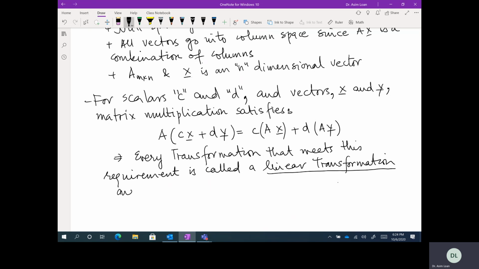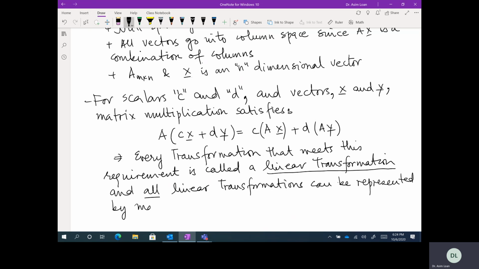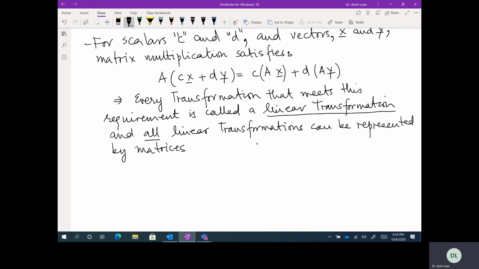And all linear transformations can be represented by matrices.